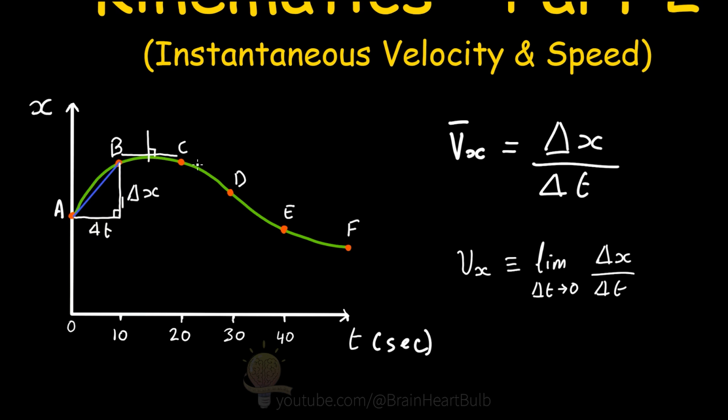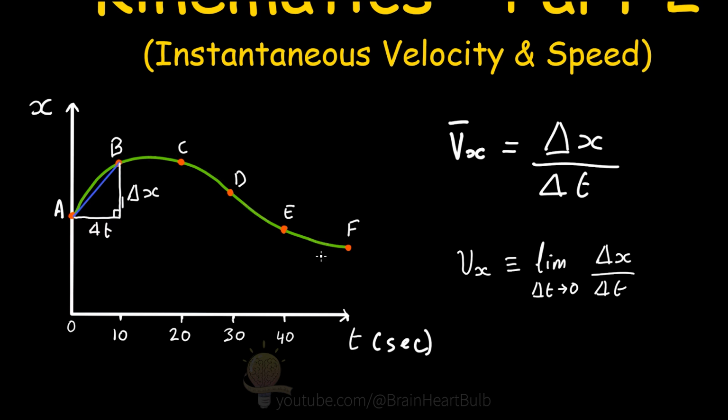And no matter where we are on this line, our tangent will always be the gradient of that point on the line, which will give us the instantaneous velocity.